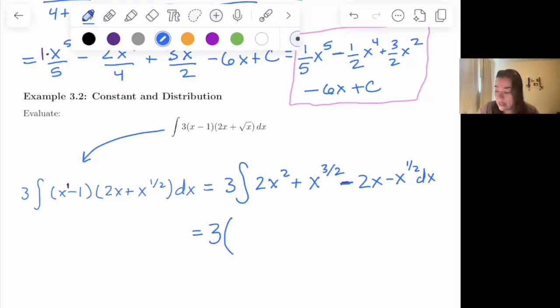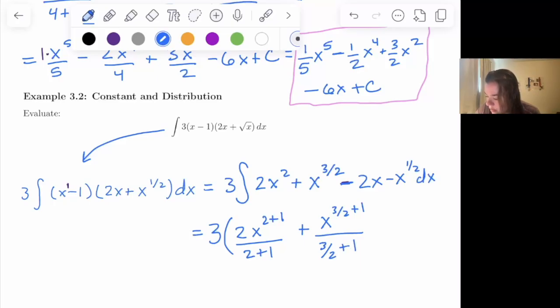So I get rid of the antiderivative sign, that integration sign, and I'm just going to take the antiderivative of each piece separately. Constant multiplier rule comes along for the ride. Add 1 to the power, divide by the new power, plus x to the 3/2 plus 1, divide by the new power, plus 1, minus.